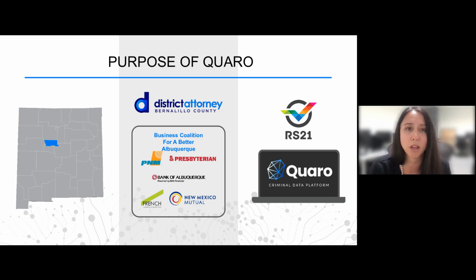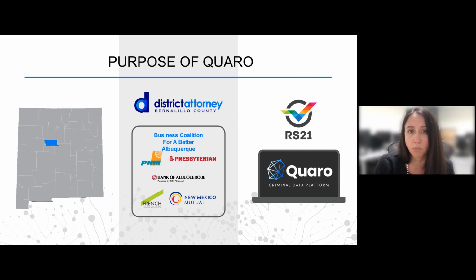So Quaro was developed to centralize and visualize criminal justice data to deliver data-informed insights to help improve the prosecution of serious crimes and to stall repeat offenders. The platform can be used to reveal previously hidden links between people, locations, incidents, and objects, and we'll talk about that a little more later.